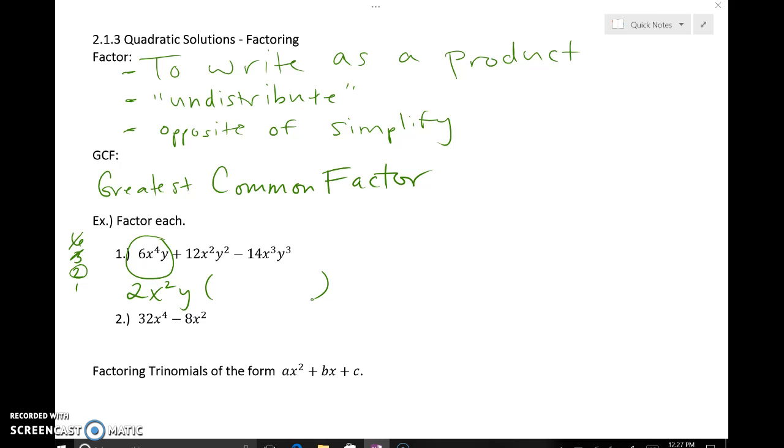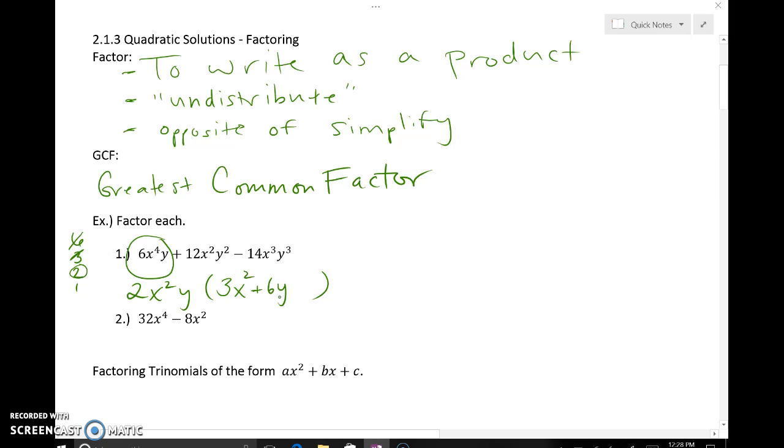So what do I multiply 2x squared y by to get 6x to the fourth y? That would be 3x to the second, and since they both already have a y, I don't need a y. Next, what would I multiply 2x squared y by to get 12x squared y squared? 2 times 6 is 12. I already have the correct number of x's, but I need one more y, so 6y.